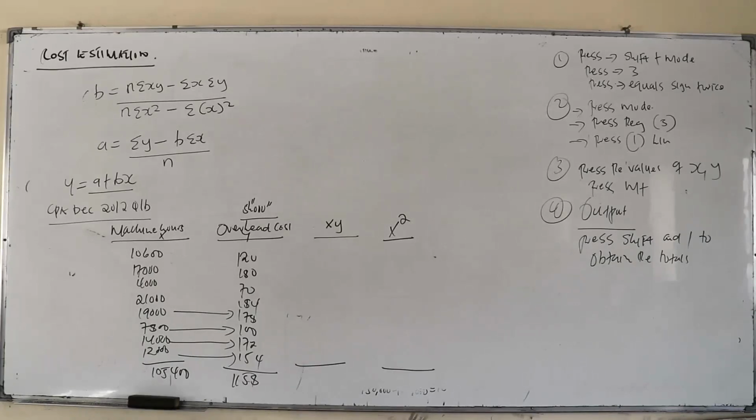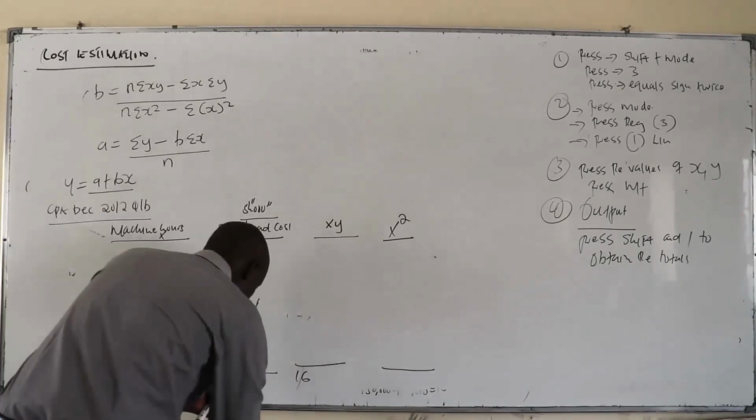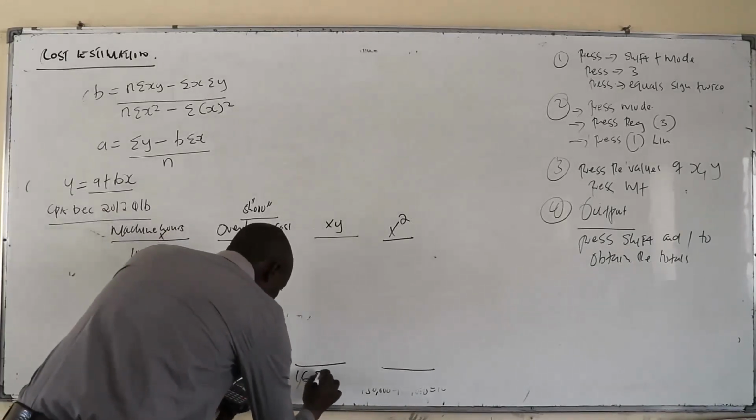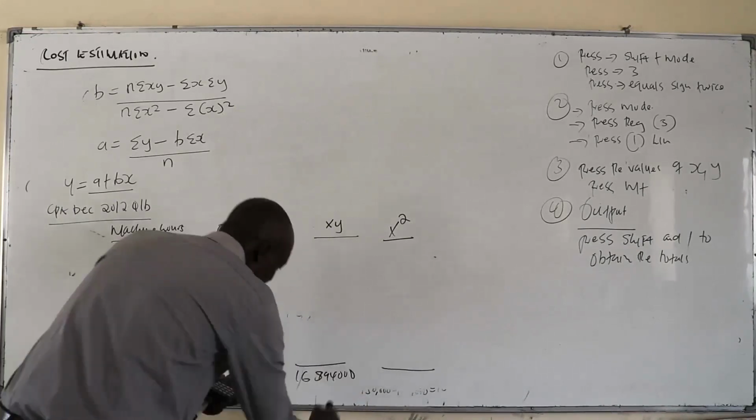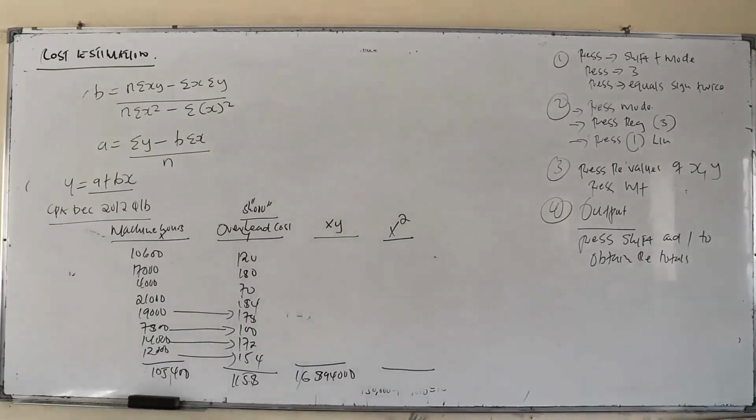Then you press shift 1 and scroll, and you get the summation of XY, which is 3. You press 3 and the equal sign. You get 16,894,000. Just write it the way it is written there. Then you press shift, 1 again, and scroll to find the summation of X squared.